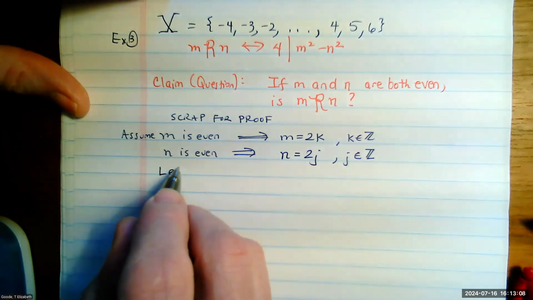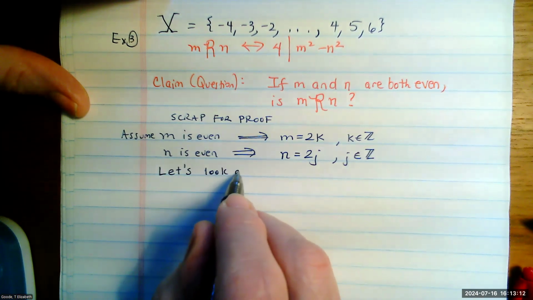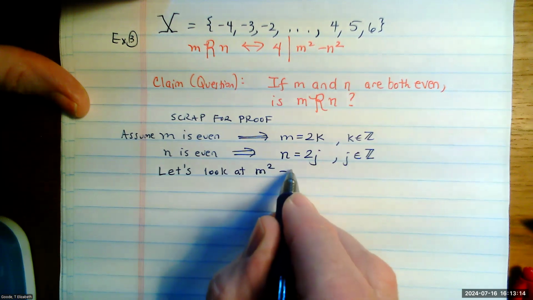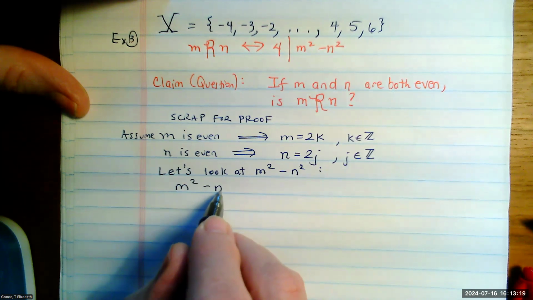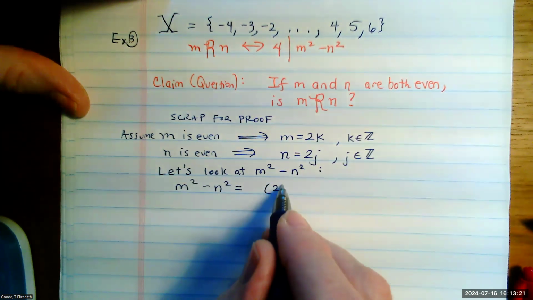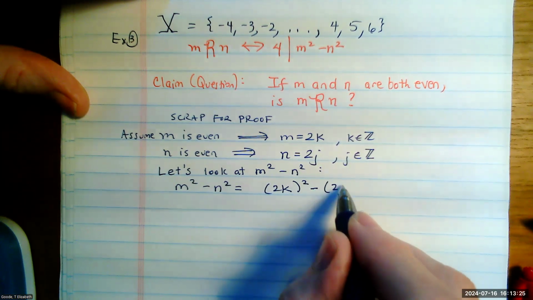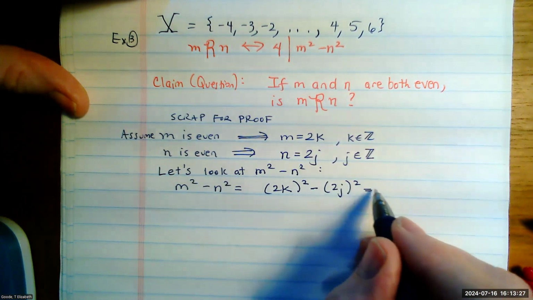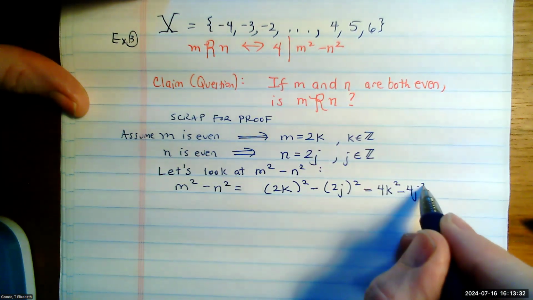Now let's look at M squared minus N squared. Well, it's 2K quantity squared minus 2J quantity squared. But isn't that 4K squared minus 4J squared?